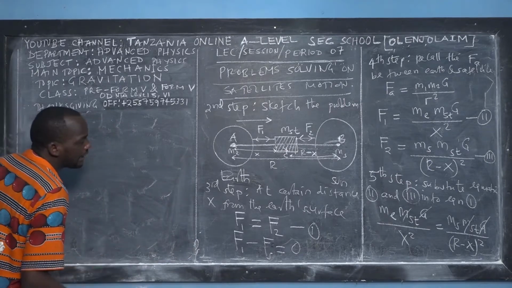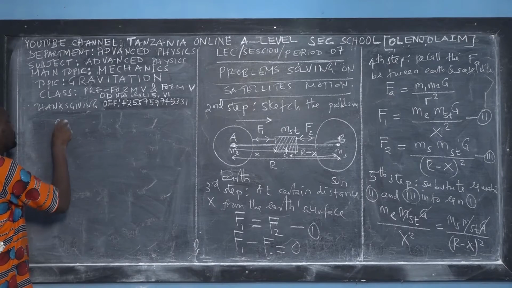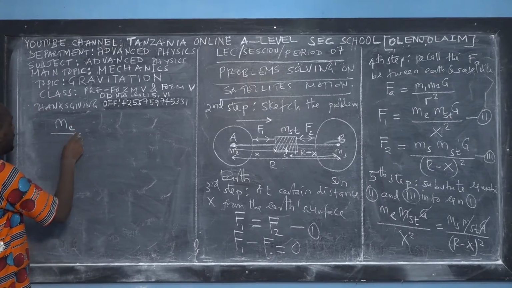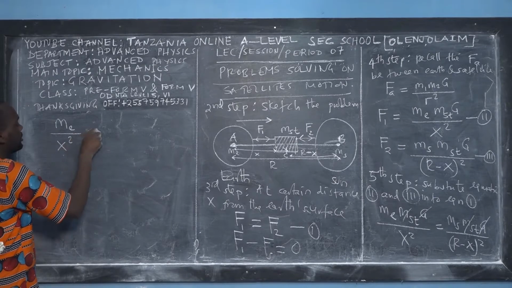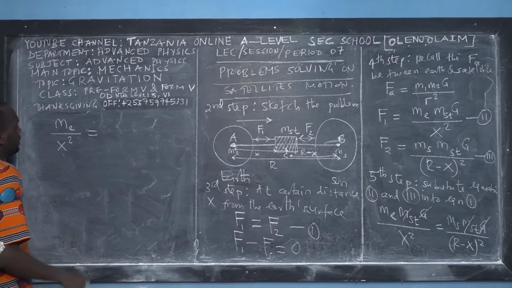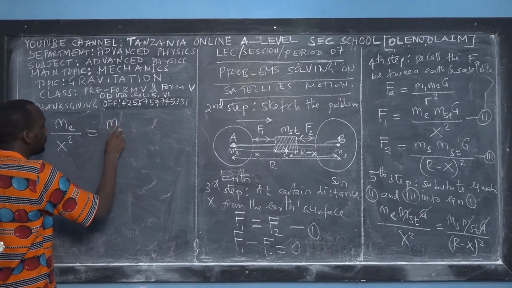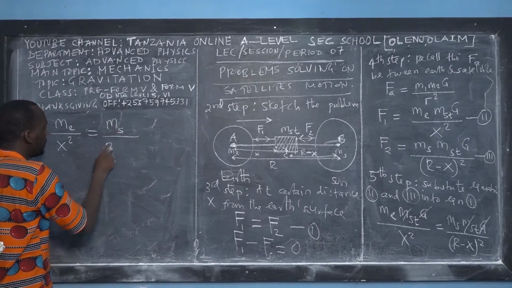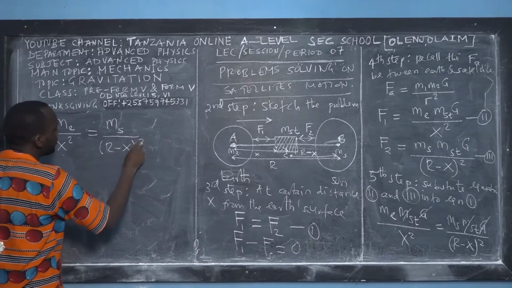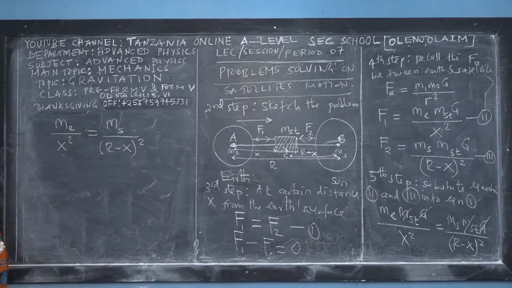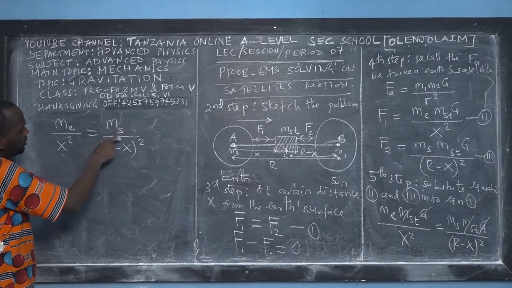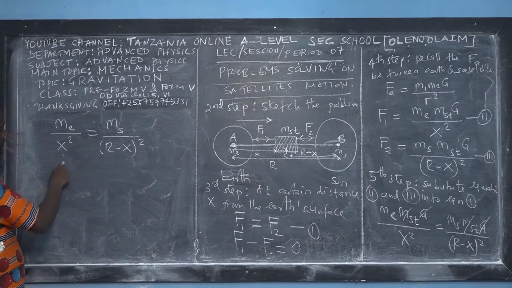So we remain with the mass of the S, which has been given, as numerator over x squared, the square of the distance between the center of the satellite and the center of the S. This is equal to the mass of the sun over r minus x squared, the distance from the center of the S to the center of the sun, squared. We are given these constants. What we are looking for is x.